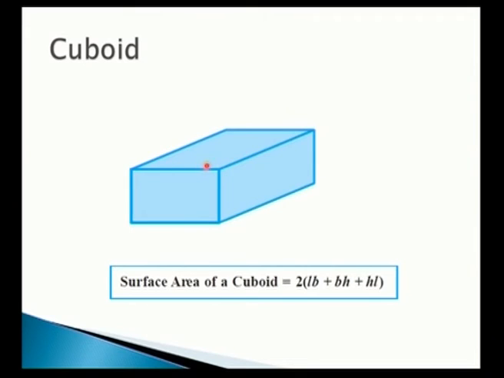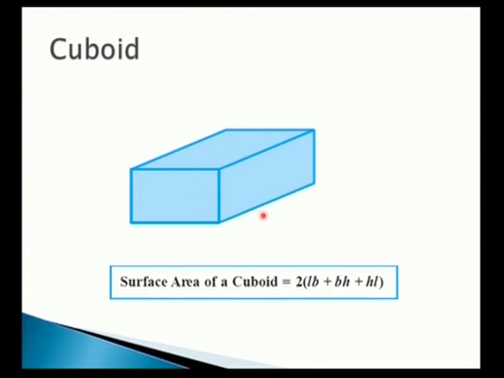The next thing is cuboid. You know, cuboid also has 6 faces, but the areas of the faces are not equal. Out of these 6 faces, 2 faces have equal areas, like the top surface and the bottom surface.